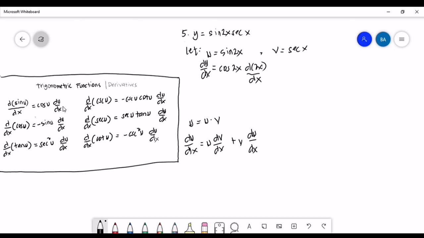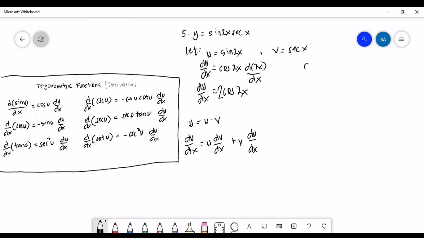The derivative of 2x with respect to x is 2 dx over dx, so this is already equal to 1. Therefore, our answer would be 2 cosine 2x.